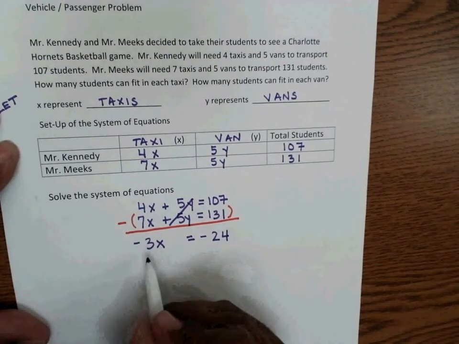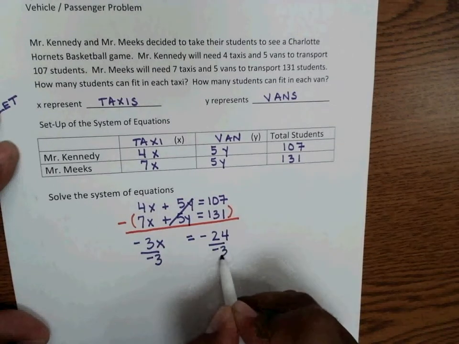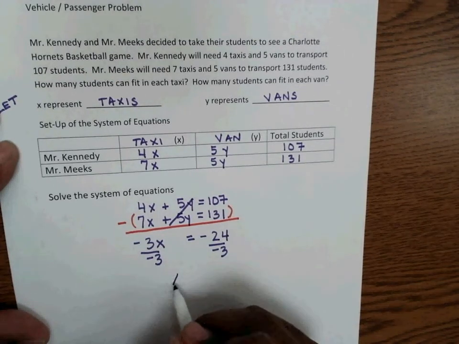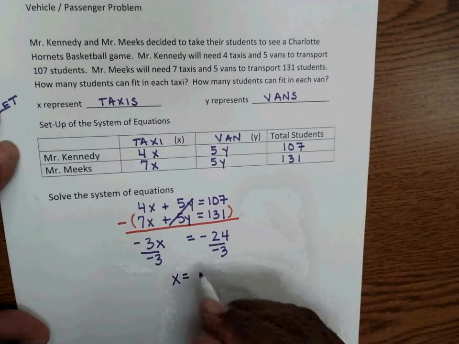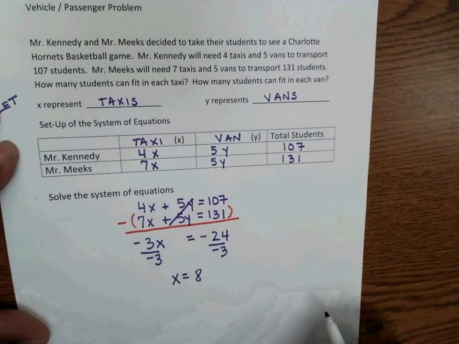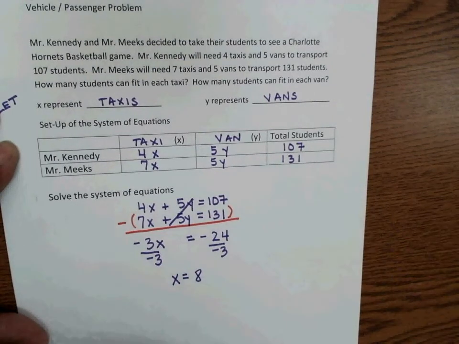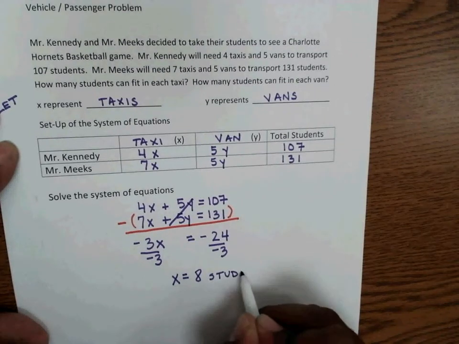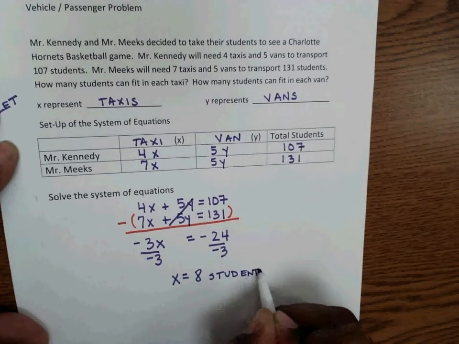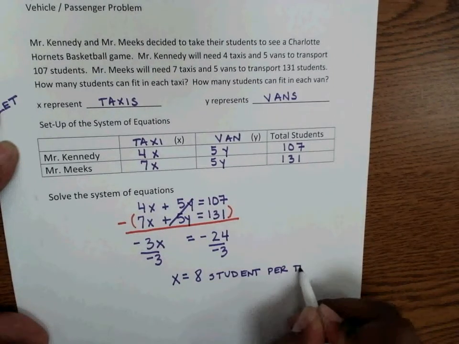To finish solving for x, we will divide by negative 3, and x is equal to 8, and this 8 will represent the number of students that were in the taxis. So this was 8 students per taxi.